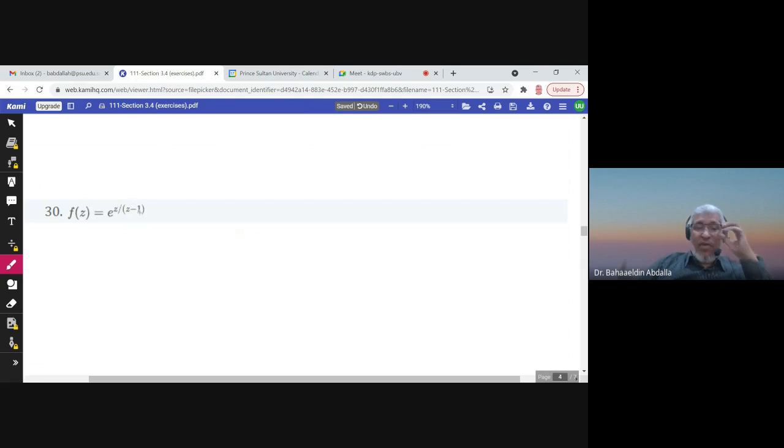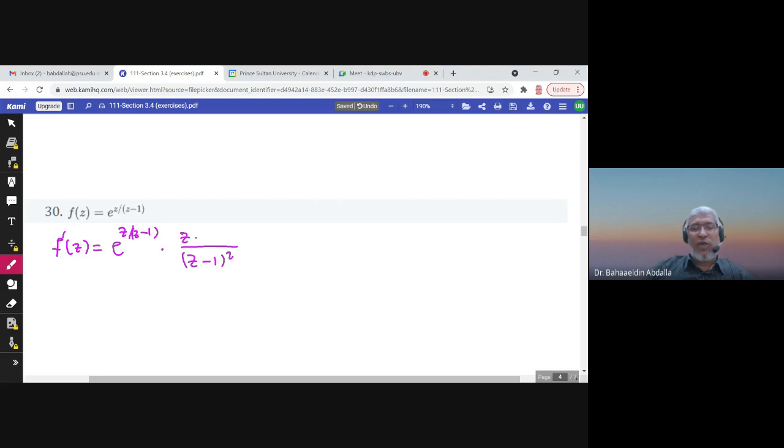Here I have z over z minus 1 in the power, and this is the inner function. So f prime of z would be e to the power z over z minus 1 times the derivative of the inner function. And I use the quotient rule, z minus 1 square.